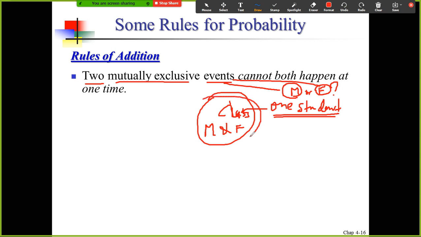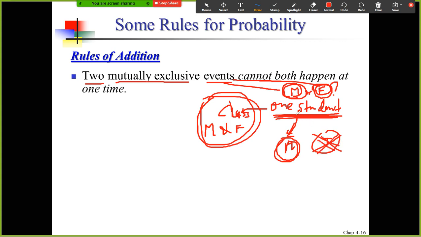In the class, the result of choosing a male student and the result of choosing a female student are mutually exclusive events, because if I select one student and this student is male, then male happens and female cannot happen, because I select only one student.